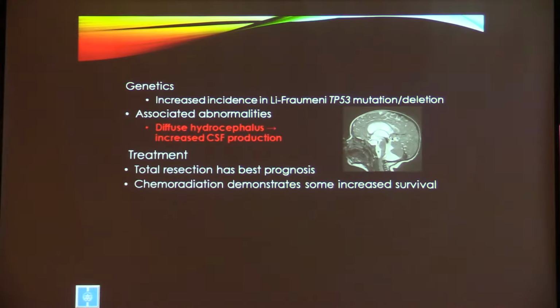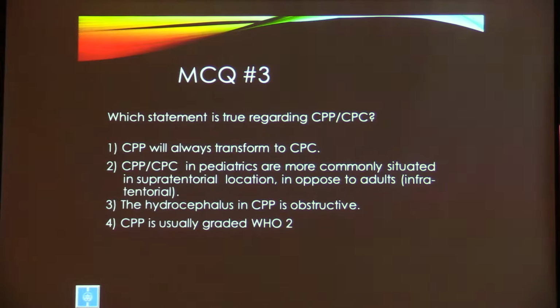Choroid plexus carcinoma has some genetic association with Li-Fraumeni syndrome, and it's associated with diffuse hydrocephalus, as we saw, with increased CSF production with no obstruction. And the treatment is total resection. It leads to the third question. Which statement is true regarding choroid plexus papilloma or choroid plexus carcinoma?